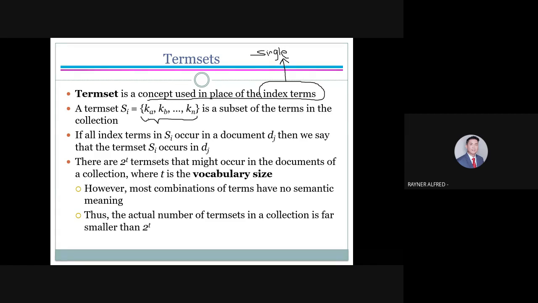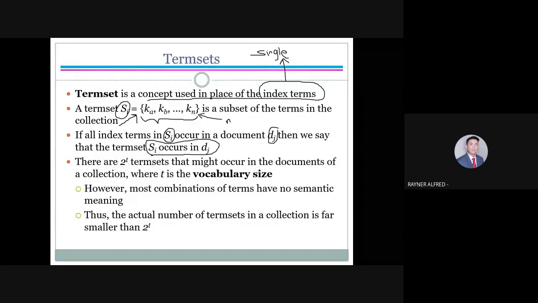In this expression, we have n number of terms. If all index terms in this set occur in document dj, then we say that the term set occurs in the document. Meaning that if all these keywords A, B up to N exist in a document, then this term set exists in the document.